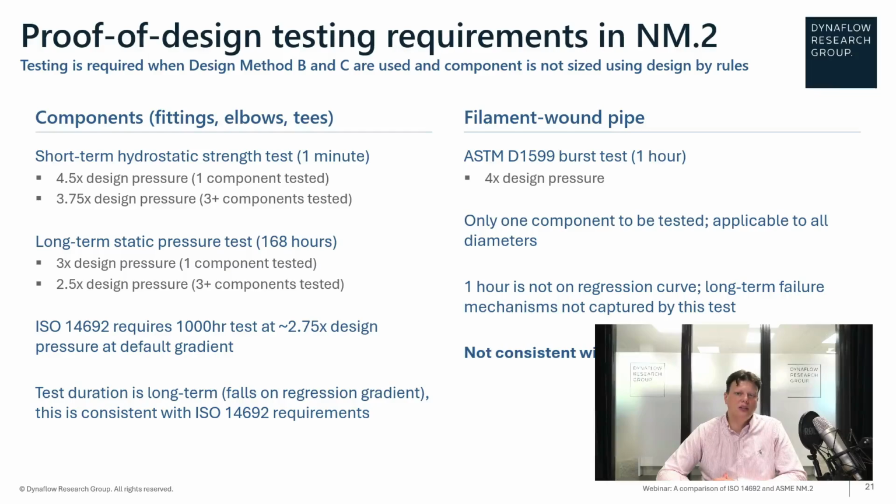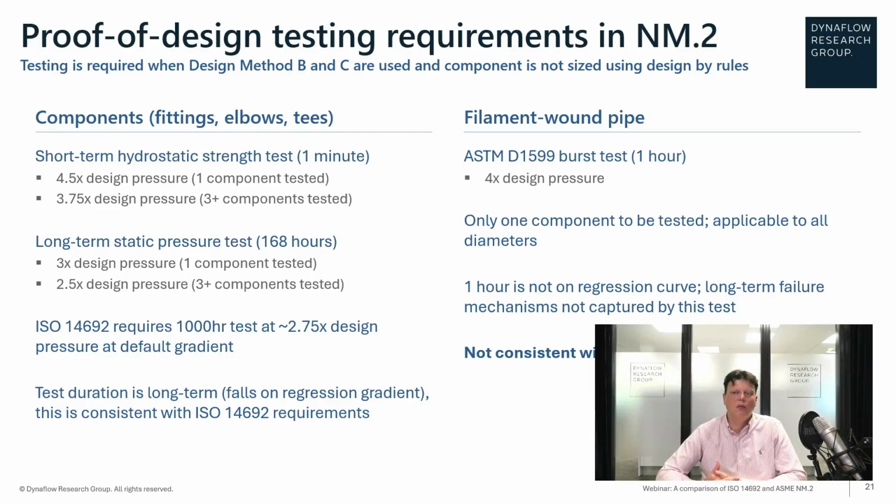Now, comparison, the ISO 14692 requires a survival test of 1,000 hours at around 2.75 times the design pressure at the default gradient. So we're talking about, in this case, an epoxy pipe with design temperature of 65 degrees. So typical case. And we see here that this requirement of 168 hours is exactly where we'd expect.